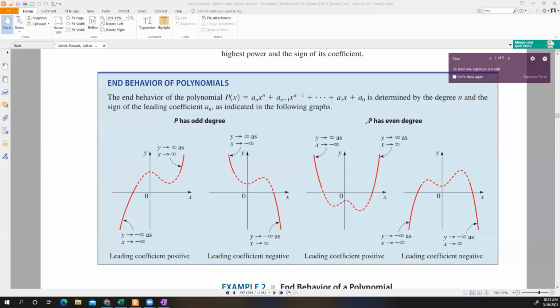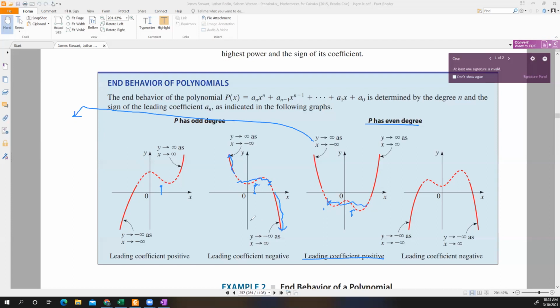Now let's look at when p has even degree and the leading coefficient is positive. This case right here. Think of x squared as your model. I should mention that the dots or dashed line here just mean that anything could be happening in this region right here. We don't know exactly what's happening, but all graphs in this case exhibit this end behavior, this limiting behavior right here.